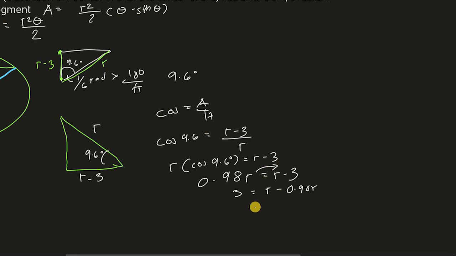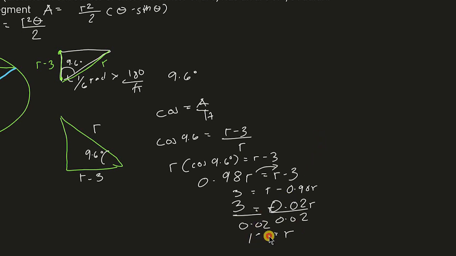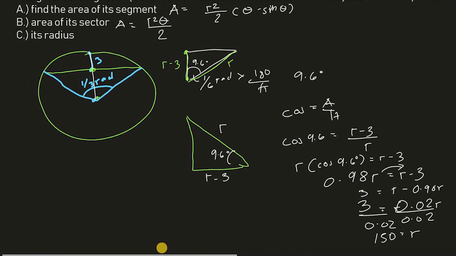So r times 1 minus 0.98, that's equal to 0.02r, and this is 3. To find the value of r, divide both sides by 0.02. So r is equal to 3 divided by 0.02, which is 150. So the value of my radius, guys, is 150.